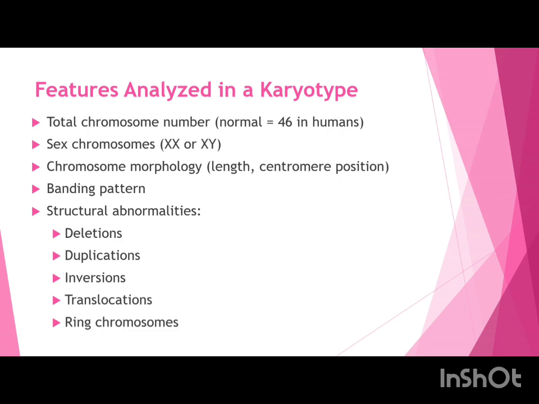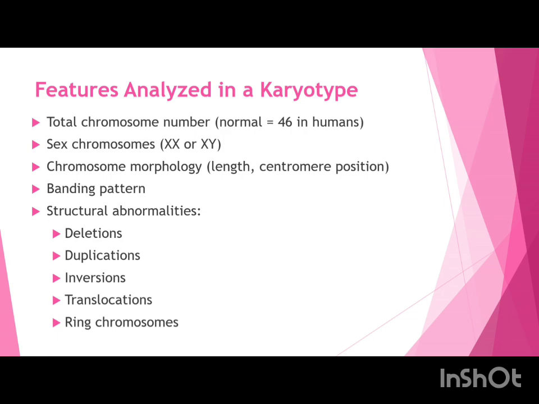You can study the banding patterns, and the most important thing is, while we study all these, we can find if there are abnormalities like deletion, duplication, inversion, translocation or ring chromosomes.